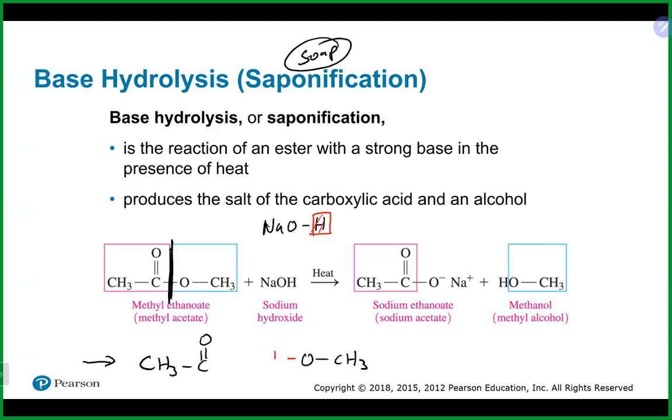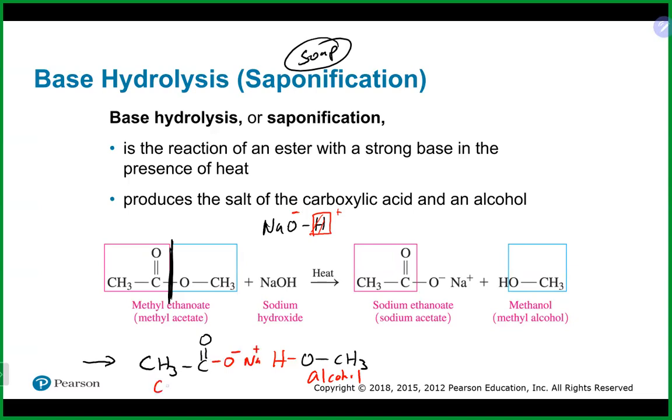And we're going to use that H to get our alcohol back. At this point, we don't really have the OH that's necessary to regenerate the carboxylic acid completely. But what we have left is an oxygen that now has a negative charge because that H is positively charged. And we will end up with an O minus and an Na plus.